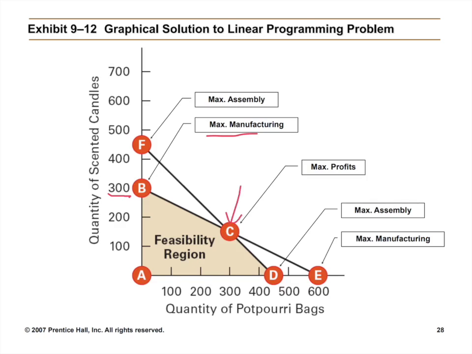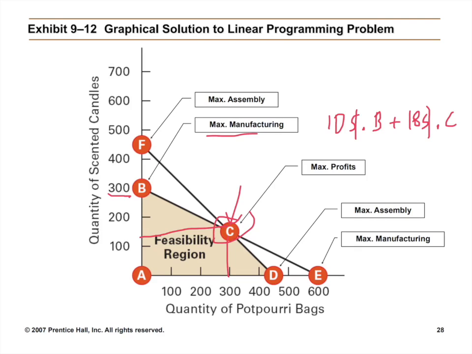And we get the maximum profit here at point C. How do we know this is the maximum? You can just try to calculate this point in the profit formula: $10 times bags plus $18 times candles. That is the profit formula.